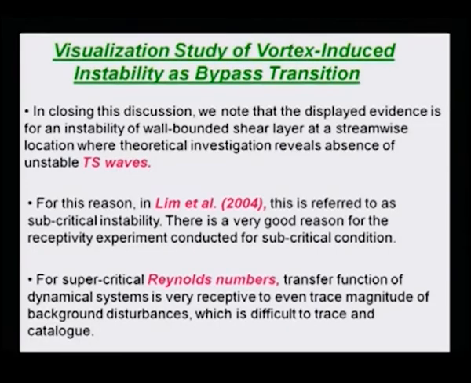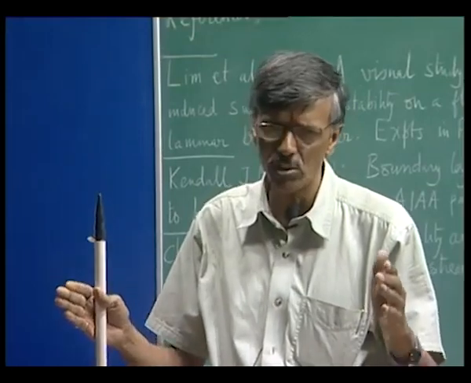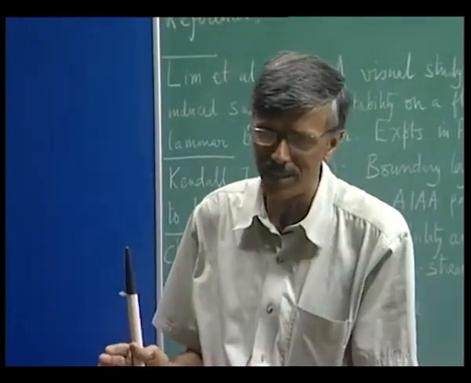Now, in trying to close this discussion on the visual signature, what we note that the displayed evidence is for an instability of a wall bounded shear layer at a streamwise location, where the theoretical investigation reveals absence of unstable TS wave. Later on, I will show you some computed results where the computational domain is restricted to something like where Re delta star at the outflow is less than 500.